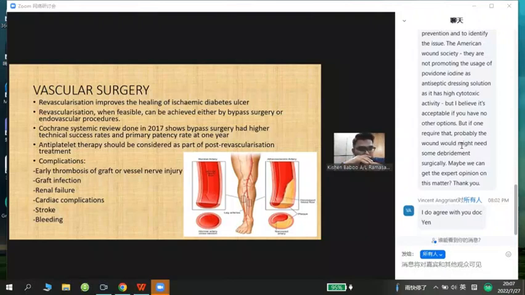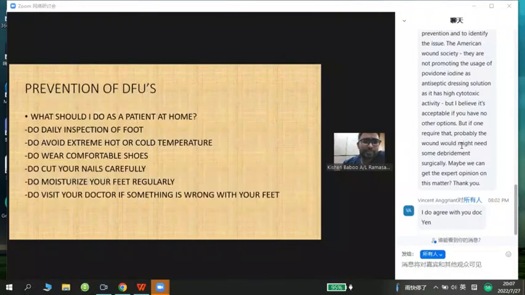So the selection criteria actually reduces the number of patients who can undergo vascular surgery. Therefore, it's not widely used because the patient selection criteria make only a handful of patients good candidates for the surgery.